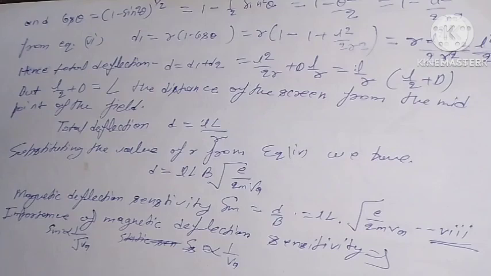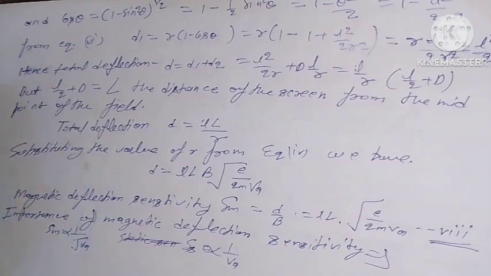For greater spot brightness, it is customary to use magnetic deflection in TV systems and radar indicators, where high spot brightness is required. Electric deflection suffers from deflection defocusing: as the angle of deflection is increased, the spot on the screen tends to be distorted and enlarged, but this is much less in magnetic deflection even for large deflection angles.